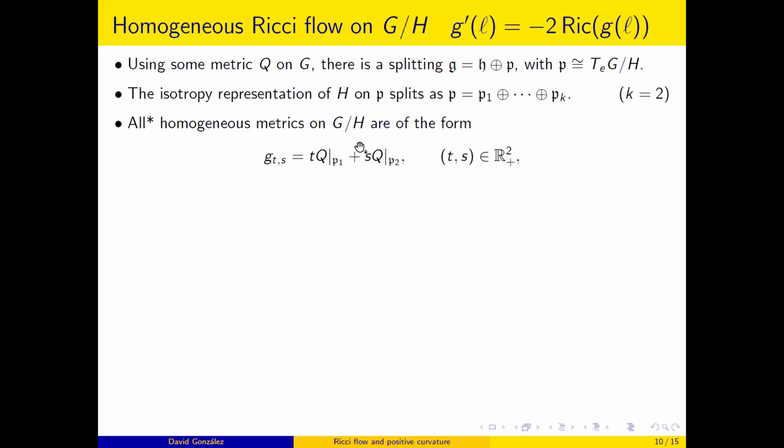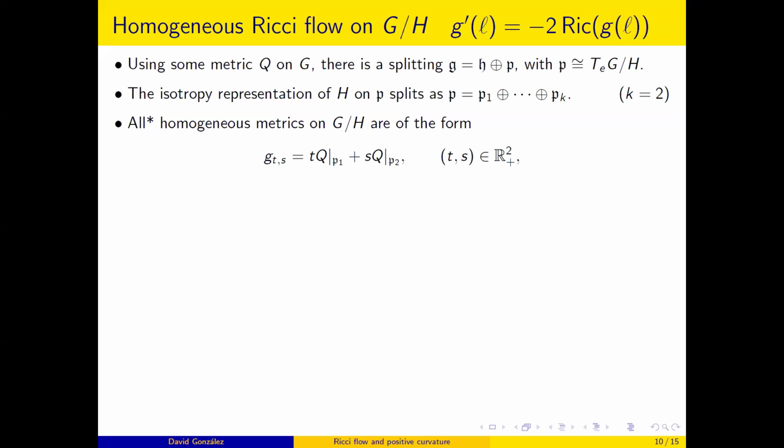So all homogeneous metrics are of the form g_{t,s}. T and S are two parameters, positive real numbers. All the metrics can be identified with R2. This plus just means that both coordinates are positive.